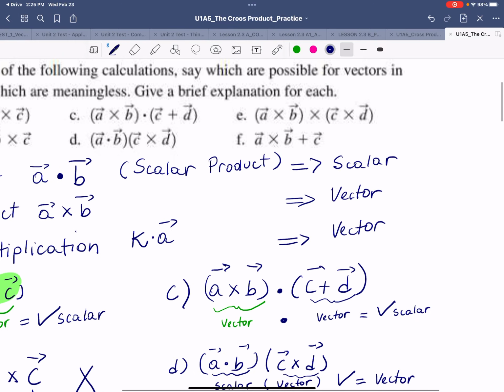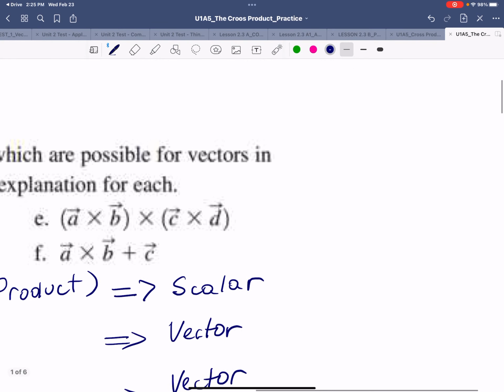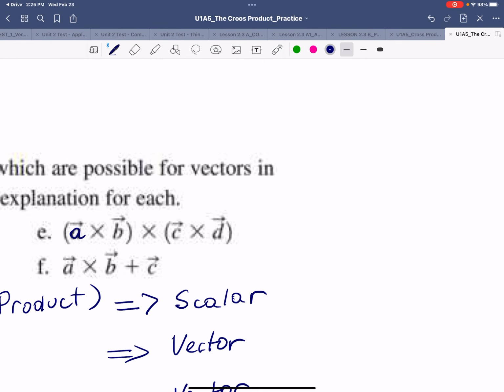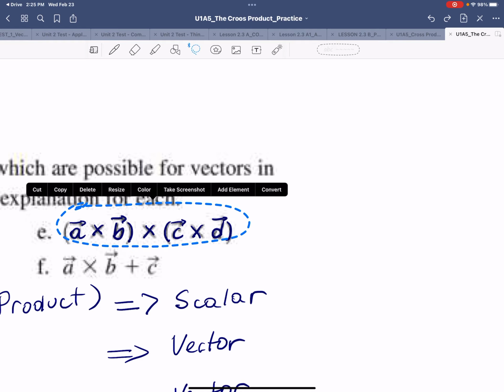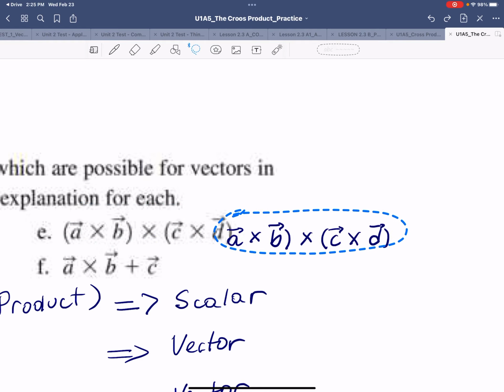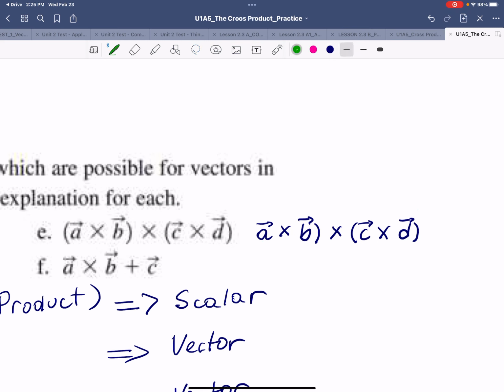Now moving on to question E. For question E, we have A cross B, and then crossing C cross D. Let's take a look at this. A cross B will give a vector.